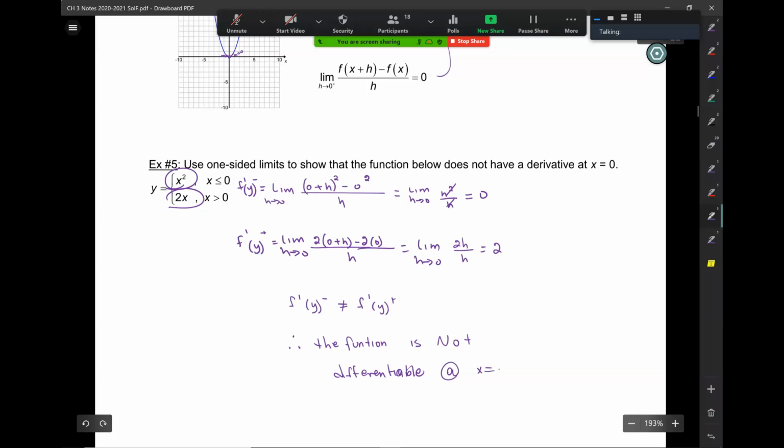So again, the point of this problem is not to say that the function is not differentiable. We know that. I told you that. The point of this problem, when we get to AP Calc, is the justification. Do you have proper form when you're justifying this or not? When I say AP Calc, I don't mean that I'm teaching it because we're learning for the test. What I mean is that the AP course is the college level calculus course.